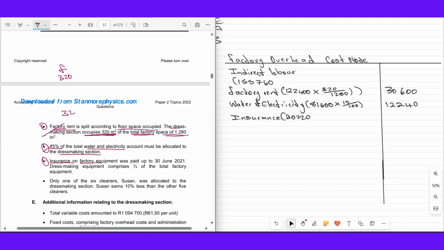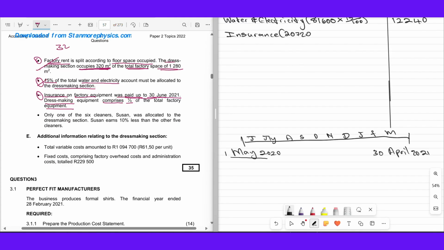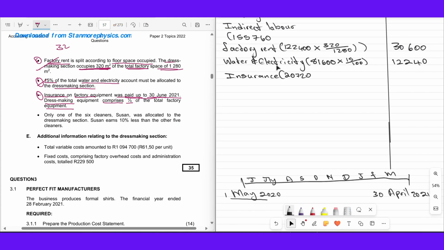Insurance on factory equipment was paid up to 30 June 2021. Dressmaking equipment comprises 1/3 of the total factory equipment. So now we are doing our insurance.